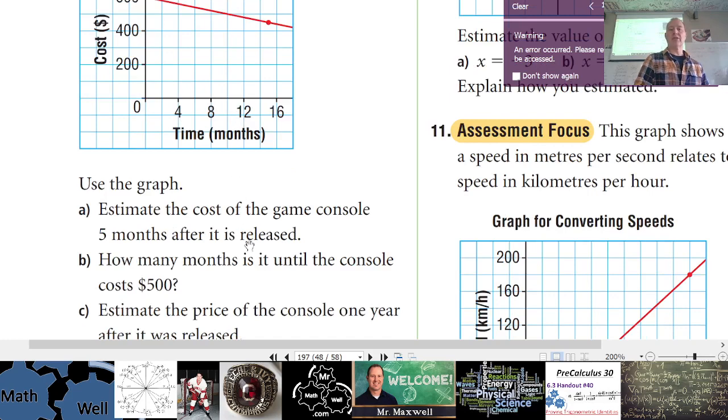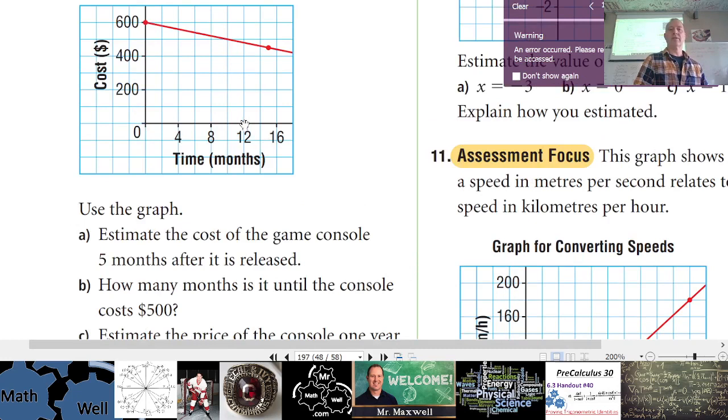C, estimate the price of the console 1 year after it's released, while 1 year is 12 months. So let's go to 12 months here. Let's go up, and that's going to take a little bit of guessing here. It's just under 500, isn't it? So you might say maybe $480 or $485, something like that. Make your very best guess, okay?